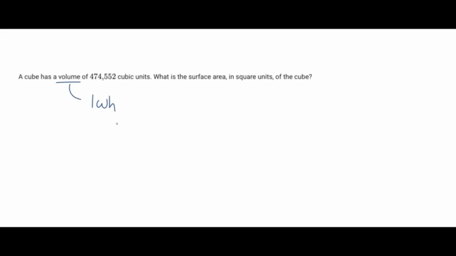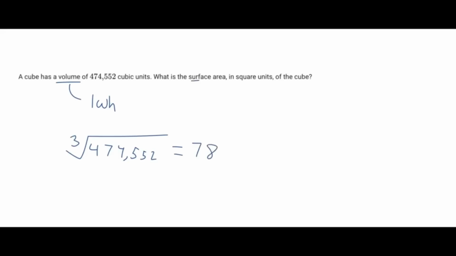And because of that, we know that the length has to be equal to the width, has to be equal to the height. And therefore, in order to find the actual values of the length, width, or height, what we can do is just take the cube root of the volume, which is 474,552. And that will give us a value of 78, all right? So 78 is just the side length of each of the sides.